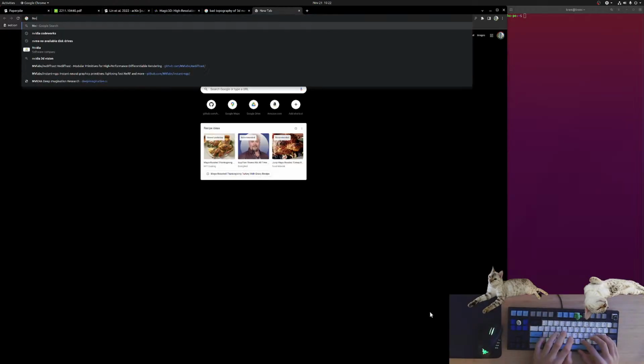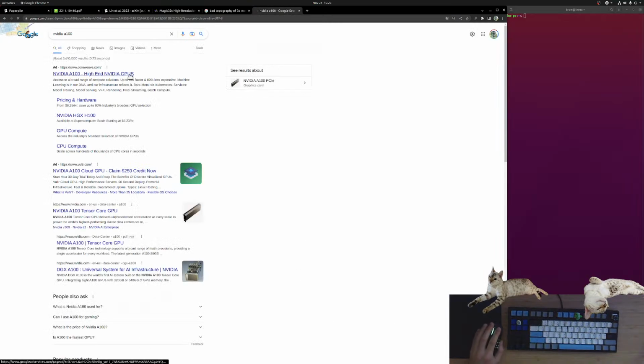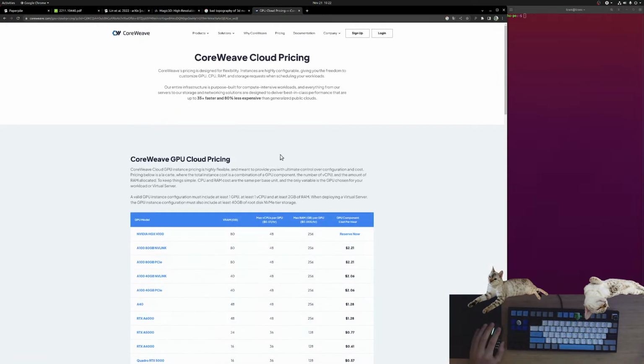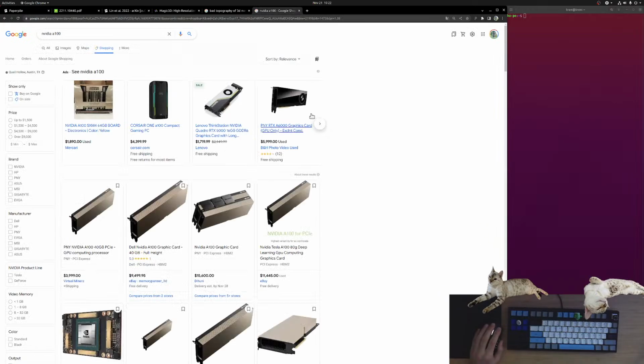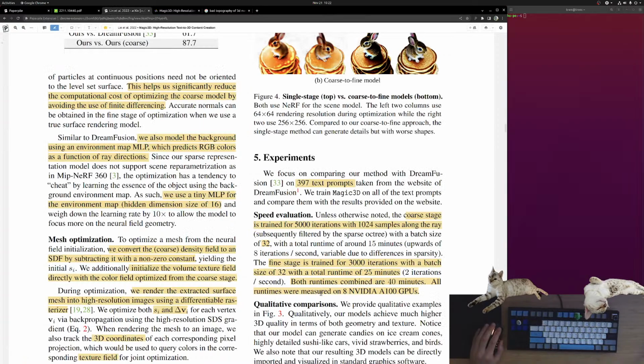So yeah, I mean, this is still cheating IMO. NVIDIA A100s are still extremely expensive. Look at that, an NVIDIA A100 graphics card, $15,000. So 8 of them in one cluster, one server rack with 8 NVIDIA A100s.